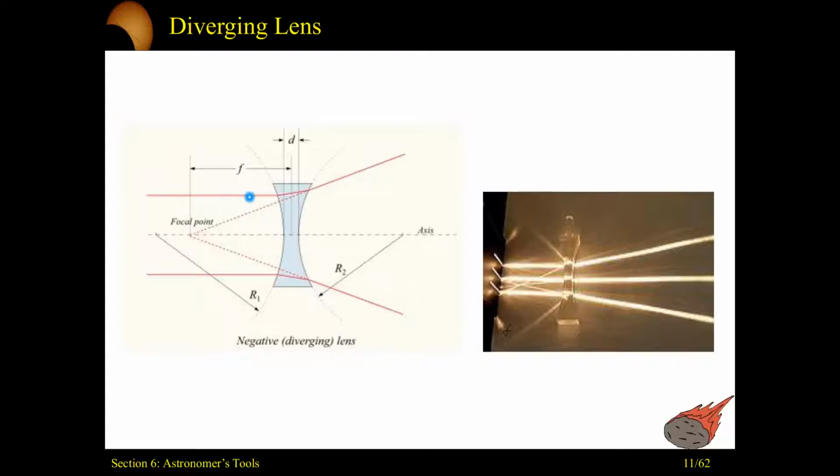And what they'll do is they'll enter this diverging lens and refract away. They will diverge away from each other. Also known as having a negative focal length, because the outgoing rays, these guys here, are on the opposite side of where they would focus if we could trace those rays backwards.